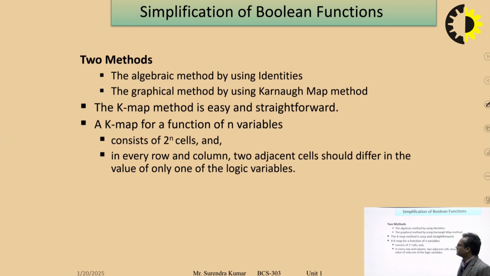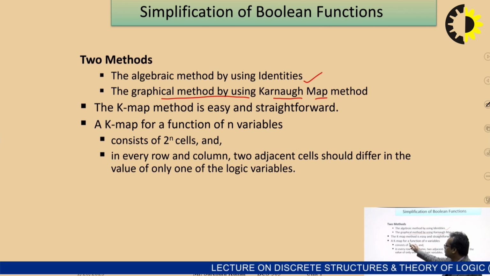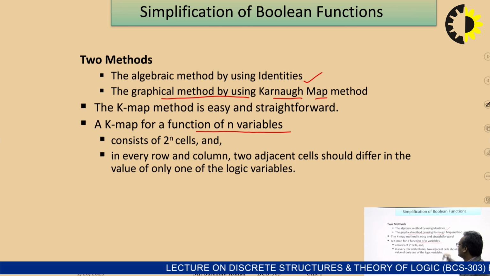These two methods are: the algebraic method, by using identities or the properties of Boolean algebra, and the second method is the graphical method, the Karnaugh map method. So here we are going to discuss the K-map method for simplification of Boolean functions. K-map is used for a function having n variables.